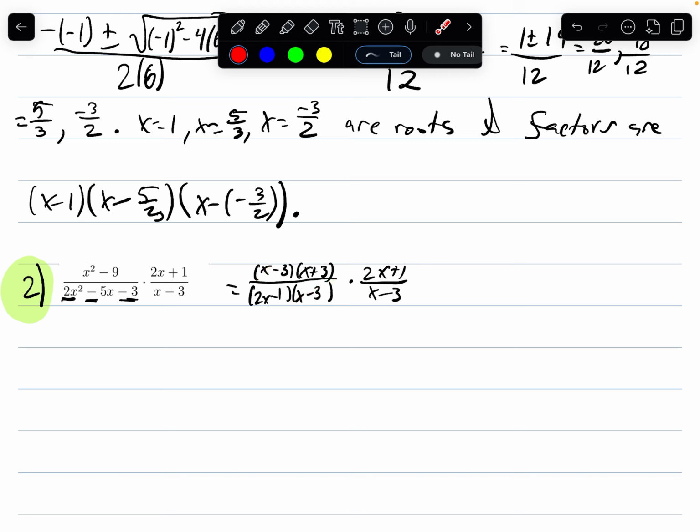So we'll get, and then this guy and this guy, and we'll just end up with x plus 3 over x minus 3. Now the only places where this is undefined is where we divide by 0.